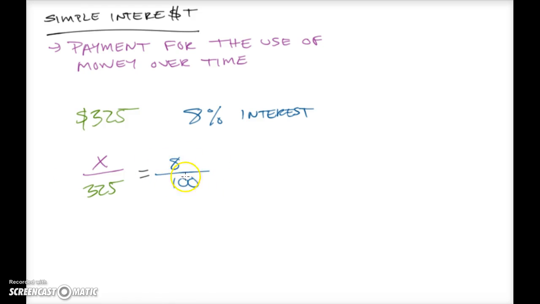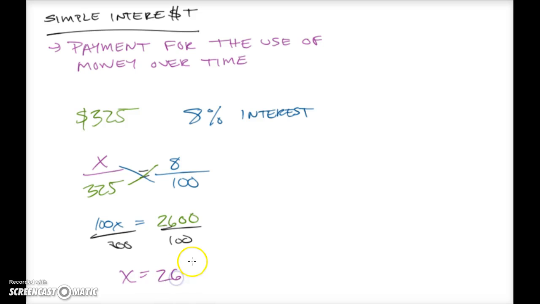I'm going to cross multiply: 100x is equal to 325 times 8, which is 2,600. To find x, the amount I'm going to end up having to pay, I divide by 100, and x is equal to 26.